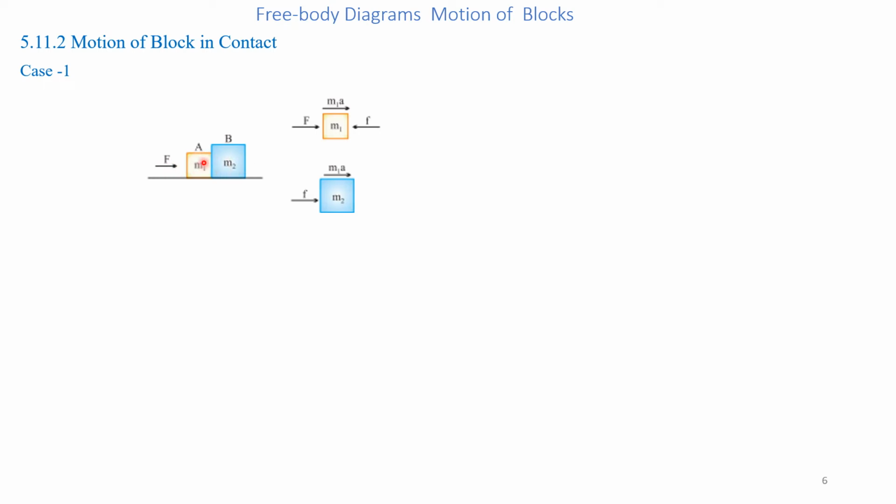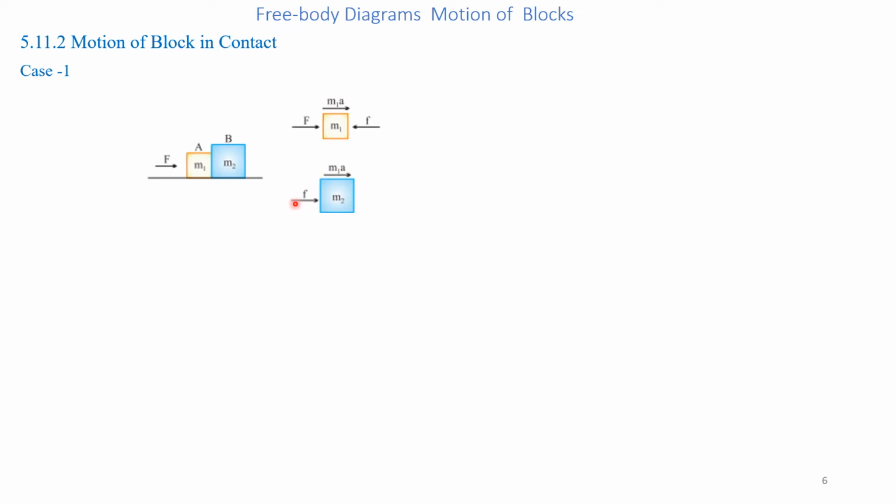Now we draw this separately. The free body diagram of A is shown here in yellowish color with a border. So the applied force is left to right and the reaction is in the opposite direction. So the acceleration due to this F is M1 into a, from left to right. Please mark the arrows correctly. And the free body diagram of B is shown here in blue color.